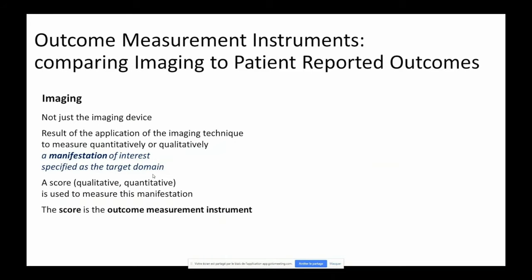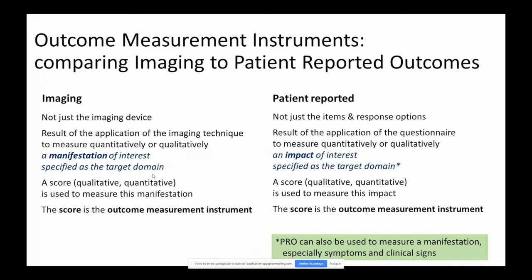And then we will compare the imaging outcome measurement instrument to the PRO. So we have just defined what the imaging outcome measurement instrument is, and the parallel is with the patient-reported outcome.